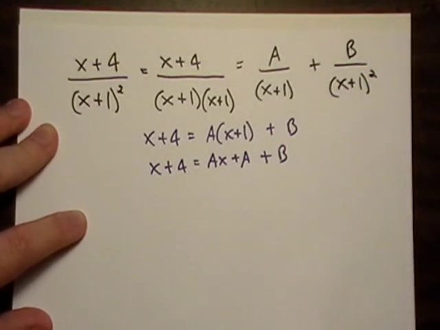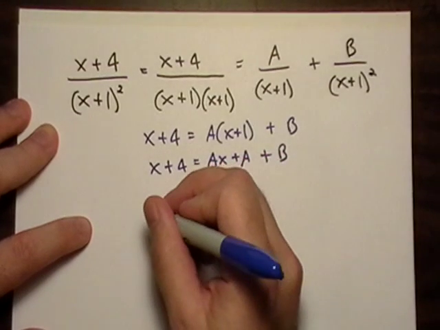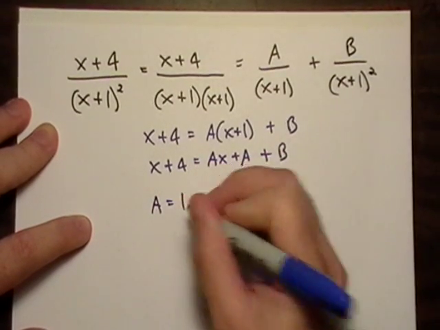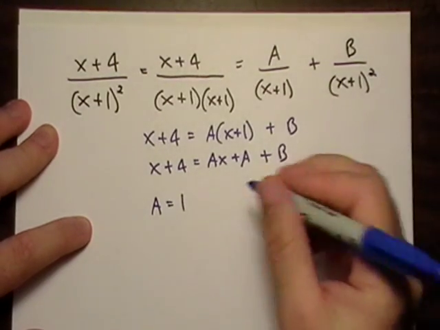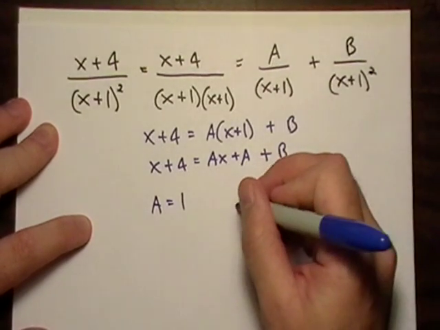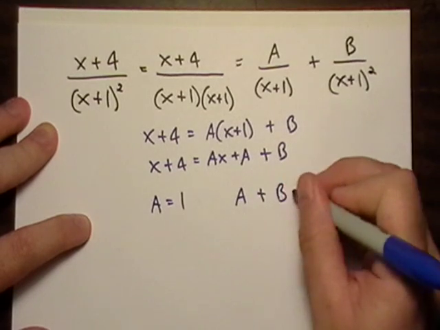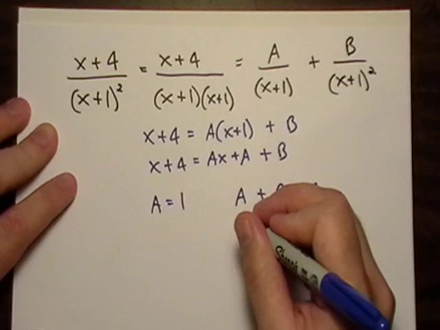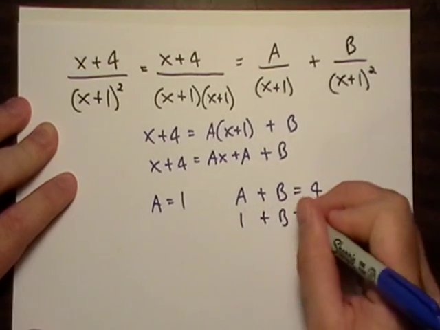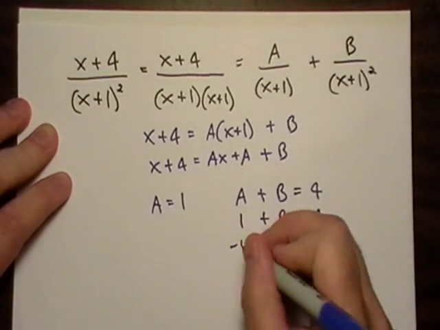Okay, I kind of wish I had picked a tougher example, but hey, such is life, right? And a plus b is equal to 4. So we got 1 plus b equals 4.